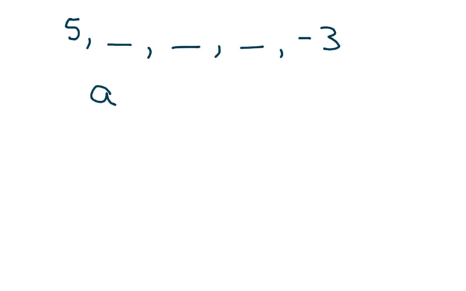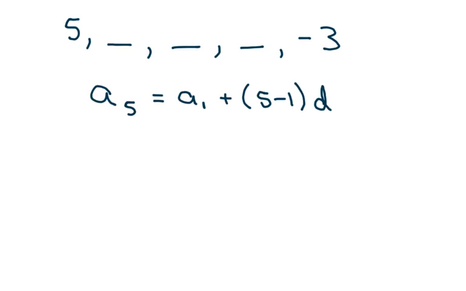So I write a sub 5 equals a sub 1 plus 5 minus 1 times my common difference. Okay, there's that. Now, I know my first term. I don't know my common difference, but I do know my fifth term.